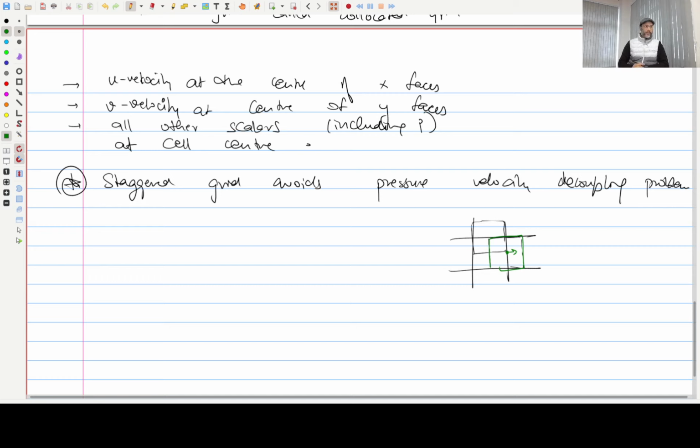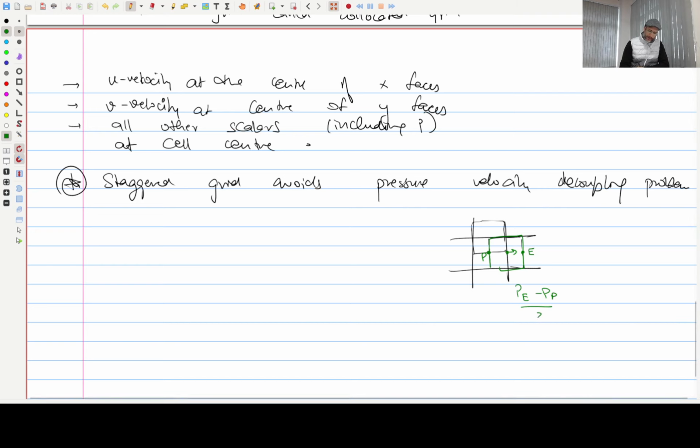If this is the control volume and you're trying to write the pressure difference, when you do the discretization, you will need the pressure here minus the pressure here, because you were getting the pressure on the faces, right? But interestingly, the pressure at the eastern face of the U grid is actually capital E, and this is P. So in the u momentum equation, you end up using pressure at the eastern node minus pressure at the P node, divided by 2.